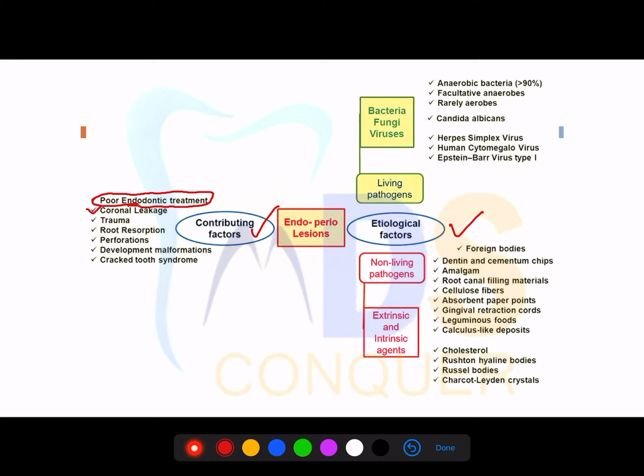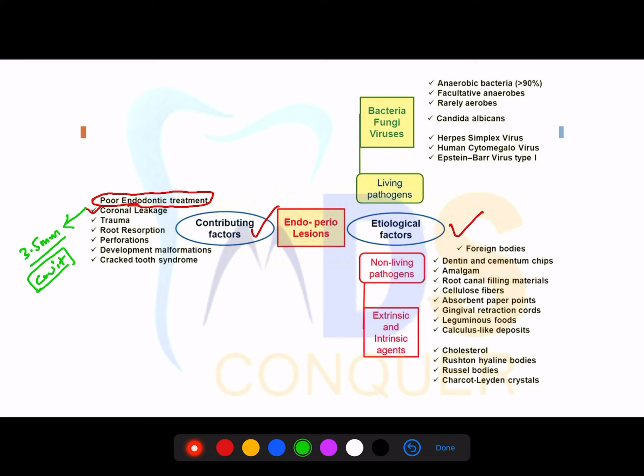Coronal leakage is the most common cause for the failure of endodontic treatment, because as we know, we give a temporary restoration once the BMP is done before the obturation, and the minimum thickness of the restoration that is required is 3.5 millimeters. Whether we give Cavit or IRM, that holds the coronal restoration, right? And the minimum thickness that is required is 3.5 millimeters.